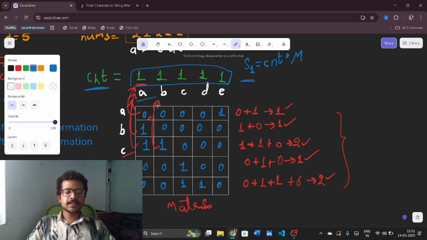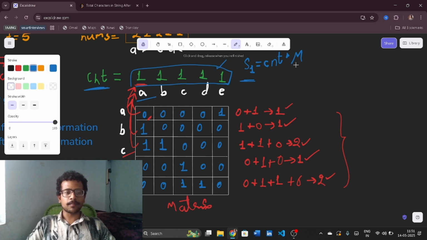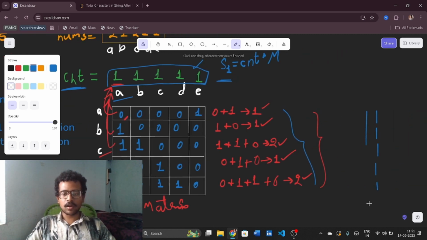Now, imagine this one as a row and this one as a column. Okay, I am treating this as a column. Now let me check how do I get these all values by taking these rows. I'm considering this as a row and this as a column and multiplying it.